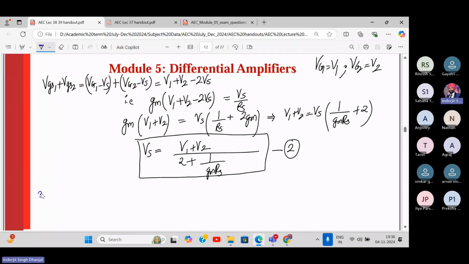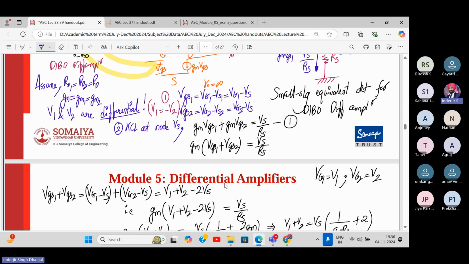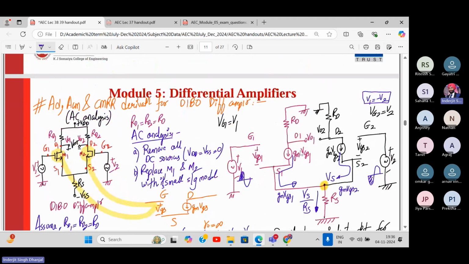Now, step number 3. Write down, since it's a DIBO, DFAM, we can say output is equal to, now let's go to the diagram. Output is plus minus over here, Vout. Yes or no? Mark it in your notes. So Vout is VO1 minus VO2.